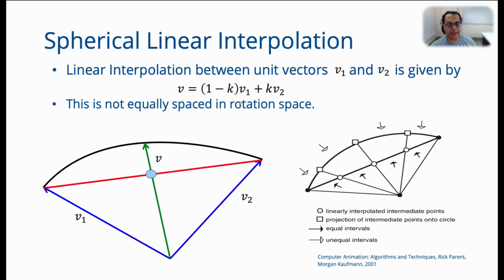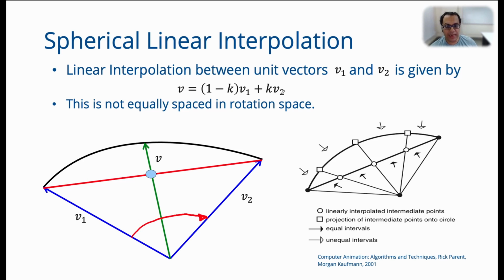Another point of interest that is worth talking about while we are talking about interpolation of orientations is that sometimes you want to interpolate by equal amounts but in orientation space. So suppose you are given two vectors v1 and v2, and you want to rotate from v1 to v2.